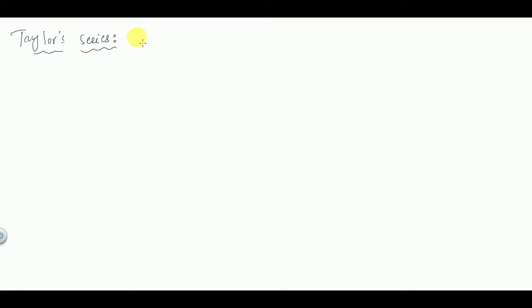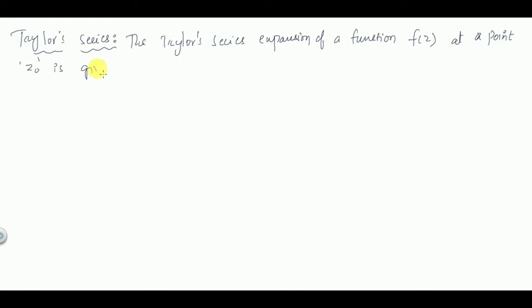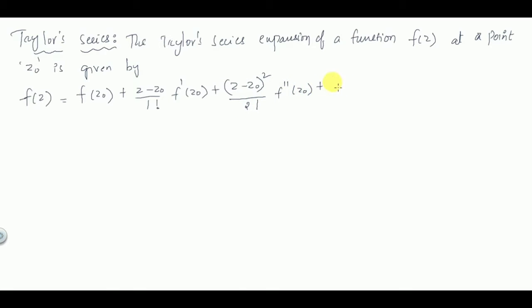Okay, so the Taylor's series expansion of a function f of z at a point z0 is given by f of z is equal to f of z0 plus (z minus z0) by 1 factorial into f dash of z0 plus (z minus z0) whole square by 2 factorial into f double dash of z0 plus (z minus z0) whole cube by 3 factorial into f triple dash of z0 plus so on.